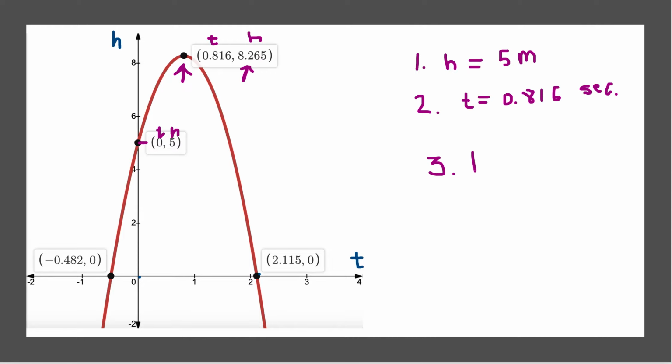So the maximum height was equal to 8.265 meters. Even if you see here, this is 8, and it's a little bit higher than 8. So that was the maximum height.